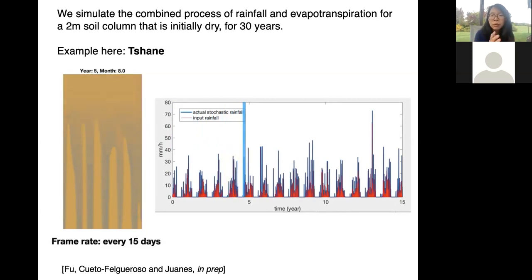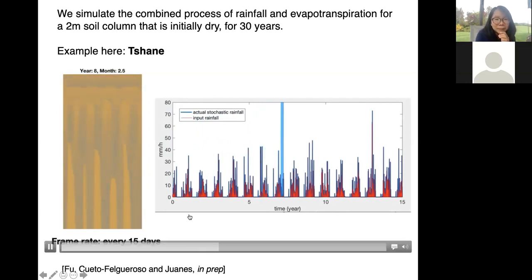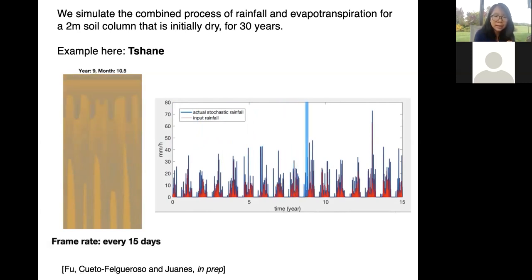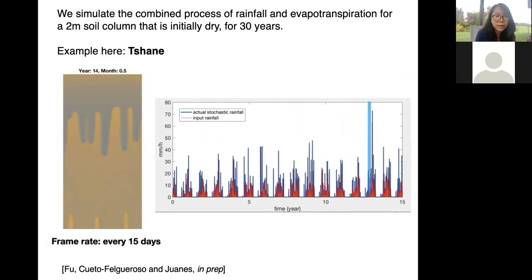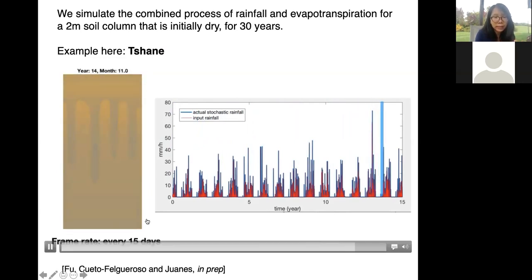Here I'm only showing you 15 years because that's all I can fit on the slide. Eventually, in the simulations we collect how much water is leaving the bottom boundary, and we deem that to be the amount of water that recharges the groundwater. I forgot to mention that the simulation domain here is about 2 meters tall by 1 meter wide.